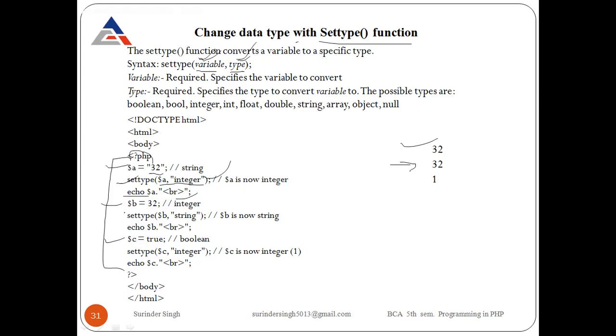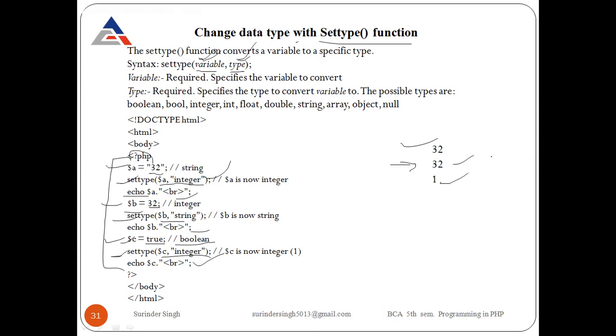Here we have a second variable B with a value of type integer, and by using settype we change its data type from integer to string. Here we just print variable B. On the third variable C we assigned the value true, Boolean type. Now we change its data type from Boolean to integer and print it.